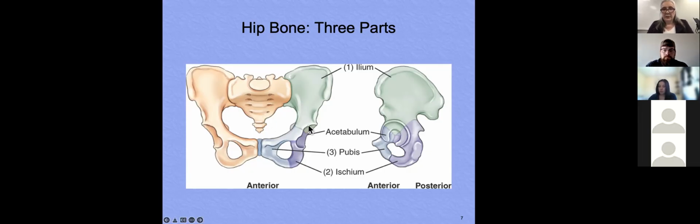Now, this part right here, I said is the socket that fits the head of the femur to make the hip joint. On the lateral view you see a third is green, a third is purple, and a third is blue.